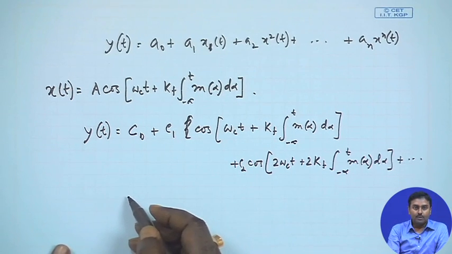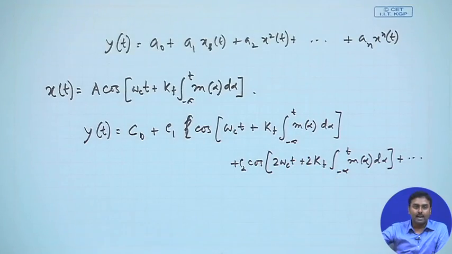So the FM modulated signal, after it passes through this particular channel, gets all these extra higher terms.